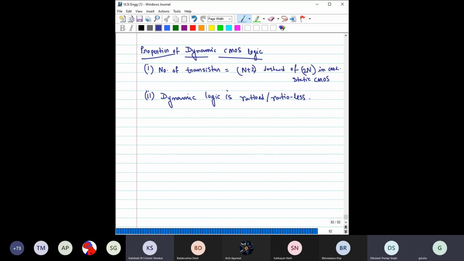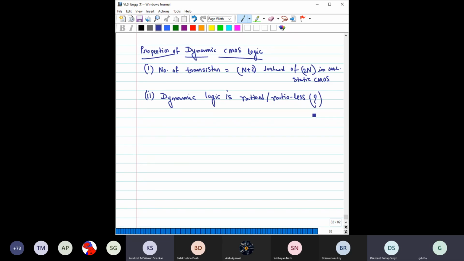Dynamic logic is a ratioed logic or non-ratioed logic? Which one? Yes, Shubhayan, any comment? So it's ratioed, I think. Ratioed, okay. Ranbir, what is the definition of ratioed logic?